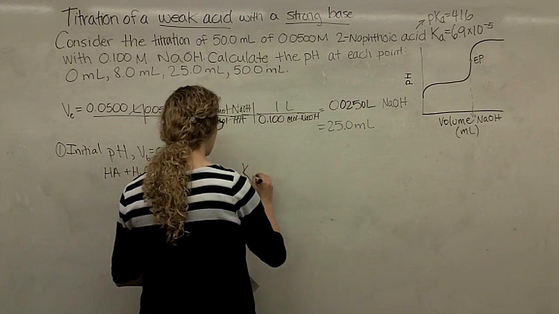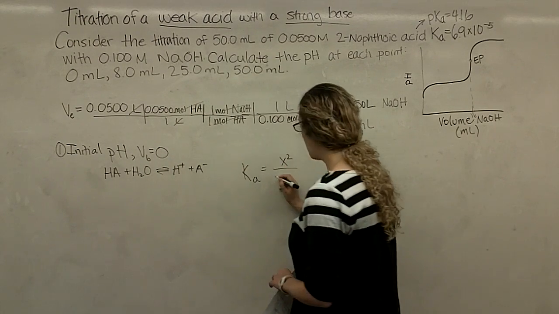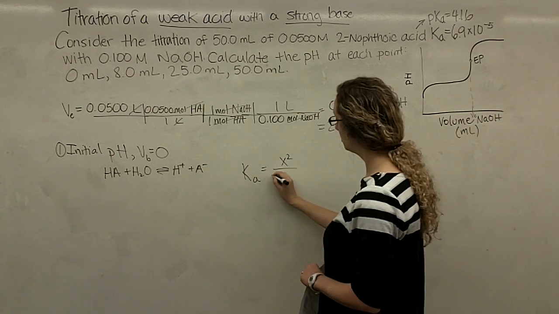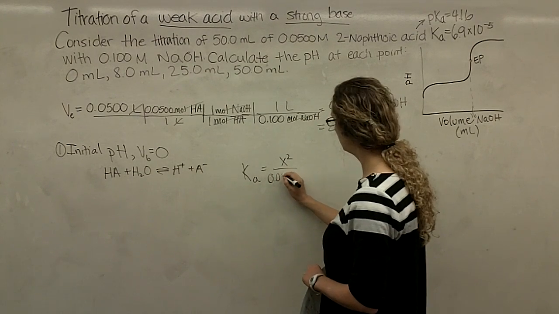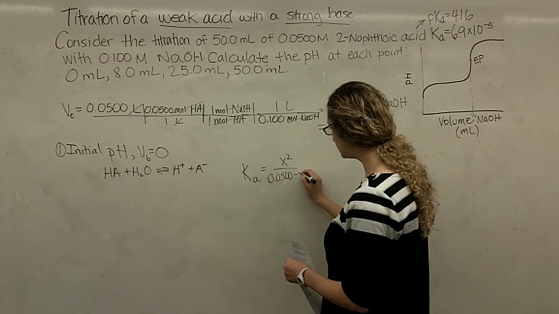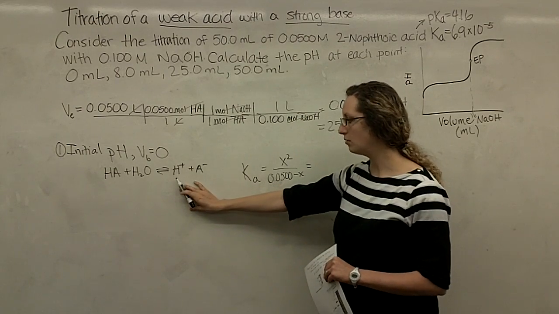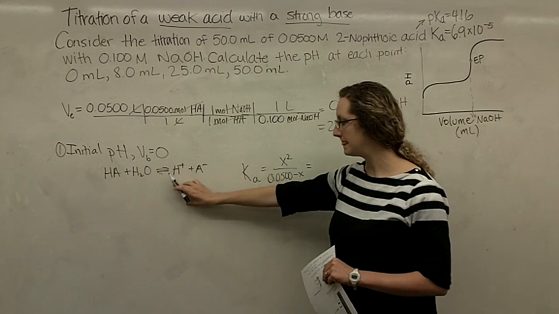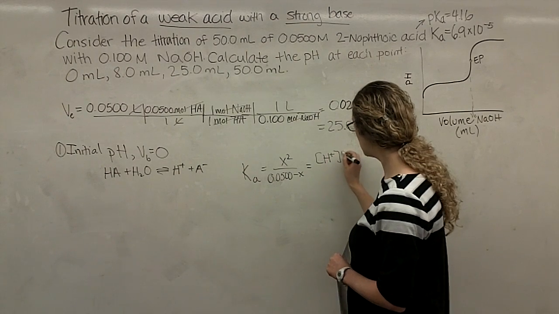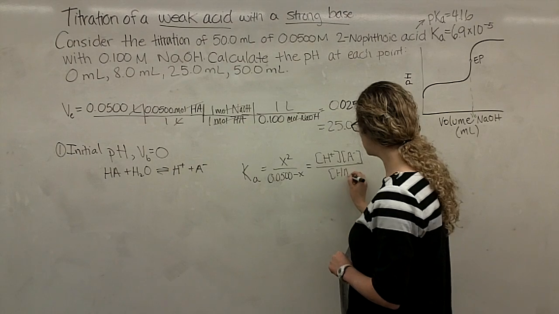So Ka is going to equal x squared over the initial concentration, 0.0500 minus x. If you write out Ka from your equation, it is H plus times A minus over HA.